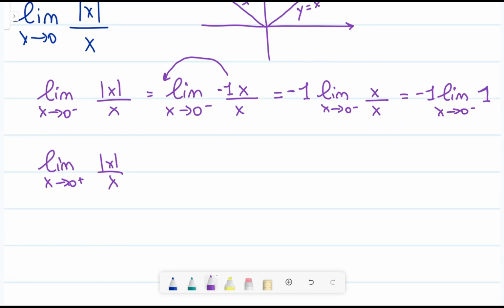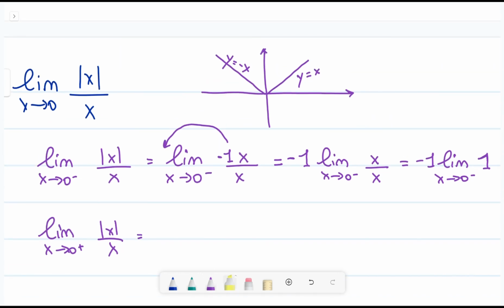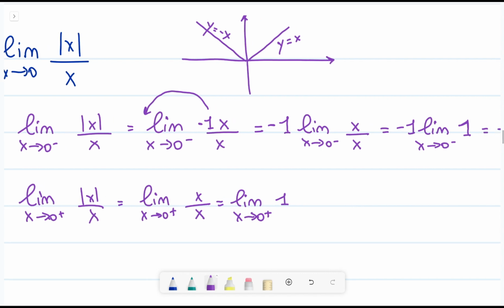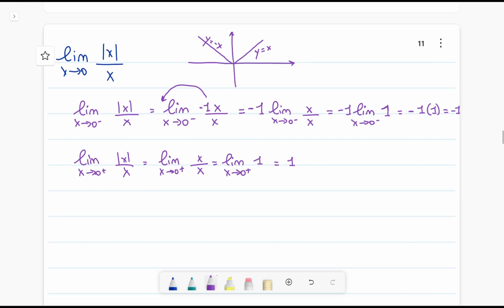Now let's look at the limit from the right. If we look at the graph again, if I'm going from the right-hand side, the function is y equals x. So instead of writing the absolute value, I can write x. And now I can simplify. This gives me the limit of 1 as x approaches 0 from the right, and the limit of the constant is the constant itself.